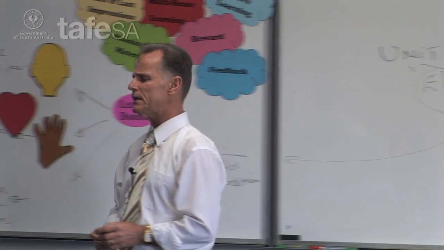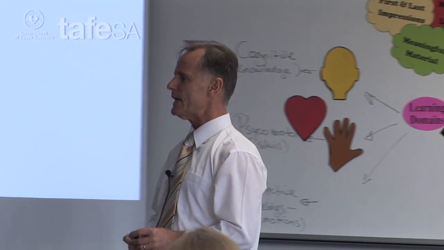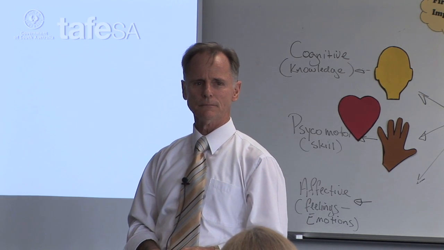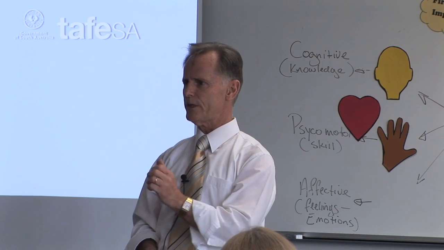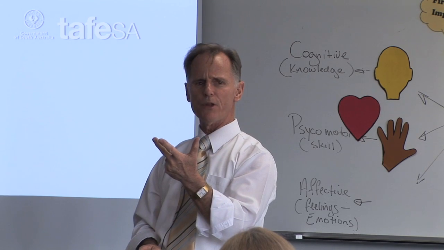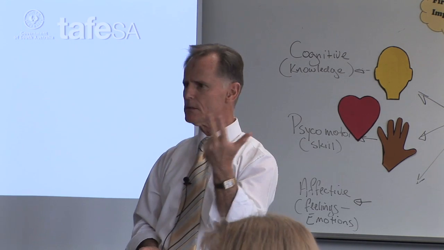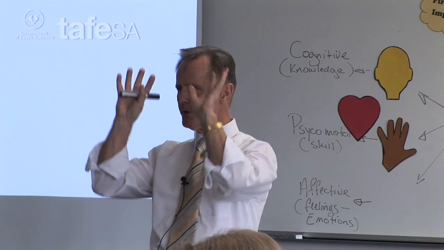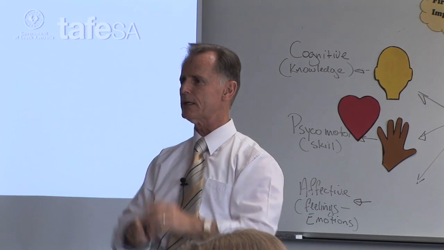If I said to you, right, at the end of this sailing course, you're going to be able to rig a sail. It's not enough. You're going to be able to rig a storm sail on the ocean with gale force winds. Yeah, I'll specify. So you've got the standard and you've got the conditions within which that learning outcome is going to take place.